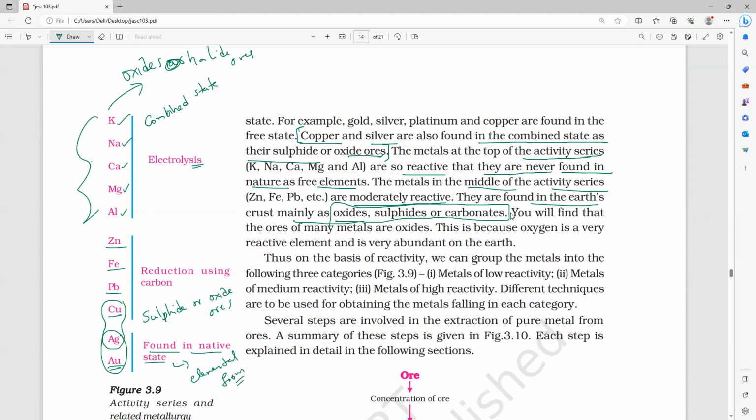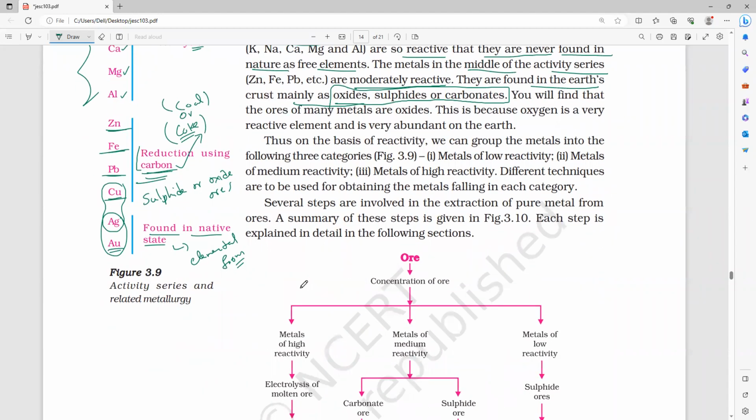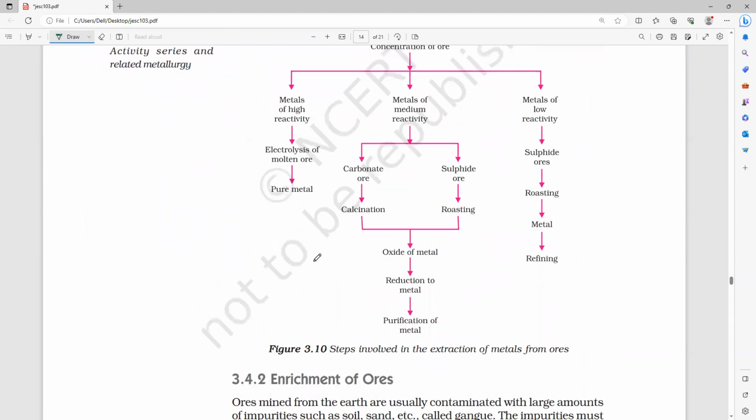That is what least reactive means. Now, for zinc, iron, lead, and copper, reduction is using carbon. Carbon means what? We are using coke. Coke or coal, both we can use as carbon, because coke and coal are in the form of carbon only. Understanding?